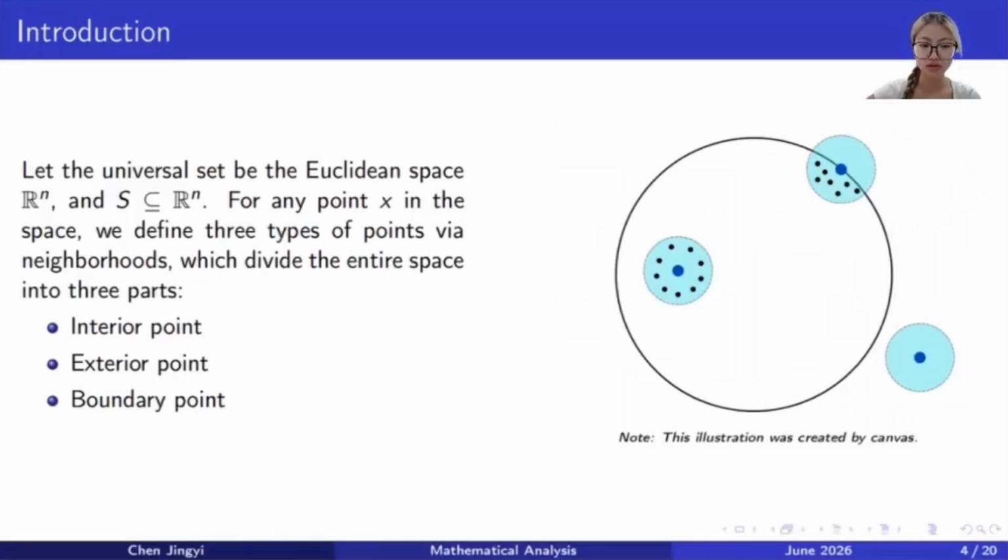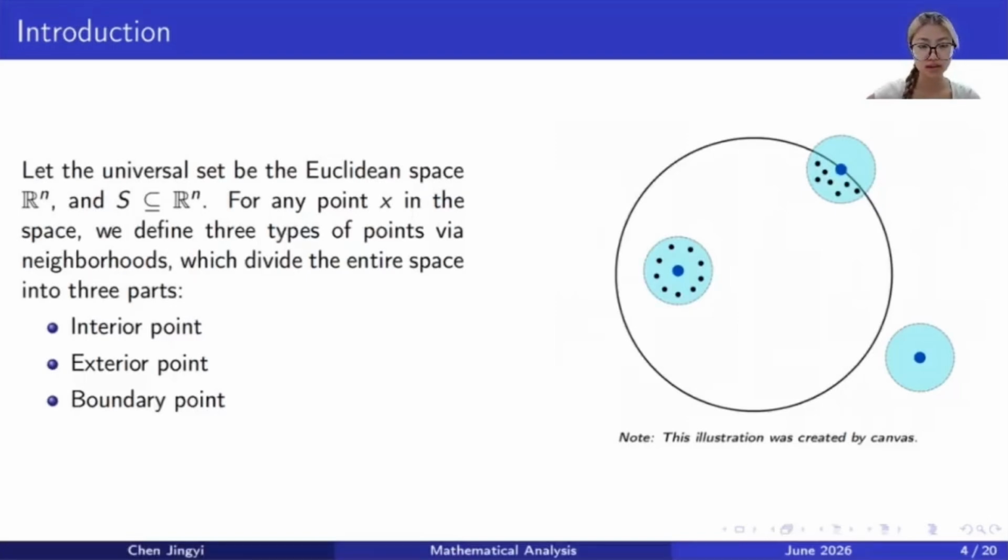We use neighborhoods to decide where a point belongs, which you can think of as small circles around the point. These three types of points are interior point, exterior point, and boundary point. Together, these three groups divide a whole space perfectly.